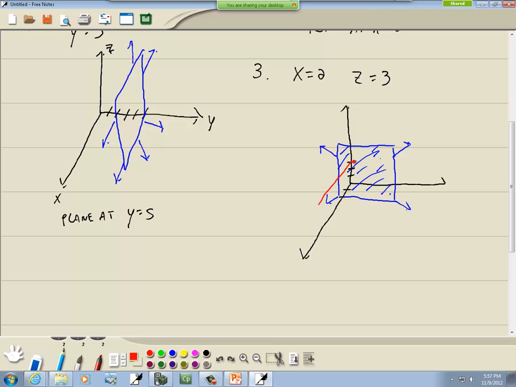And again, use your imagination on this. We got a plane there. Now here's our blue plane, and then this is coming through here. I'm trying to think of a picture to demonstrate that.